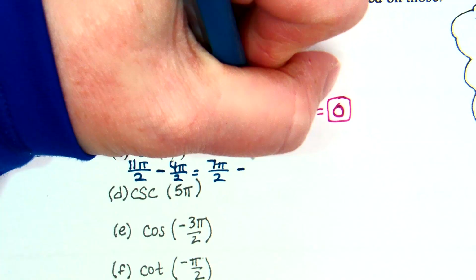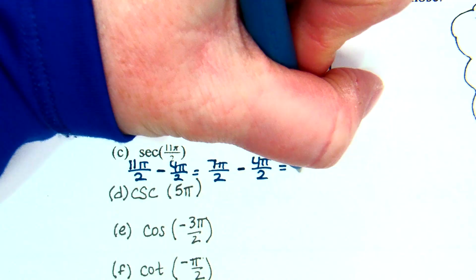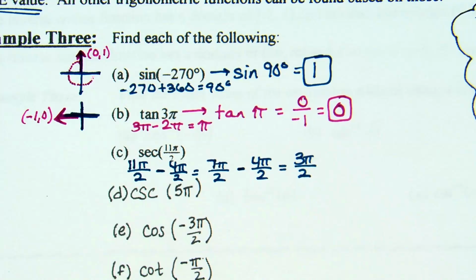So what do you know about 7 pi over 2 minus 4 pi over 2? 3 pi over 2. Do we know where 3 pi over 2 is? That's where? Three pi over 2 is the same as 270.